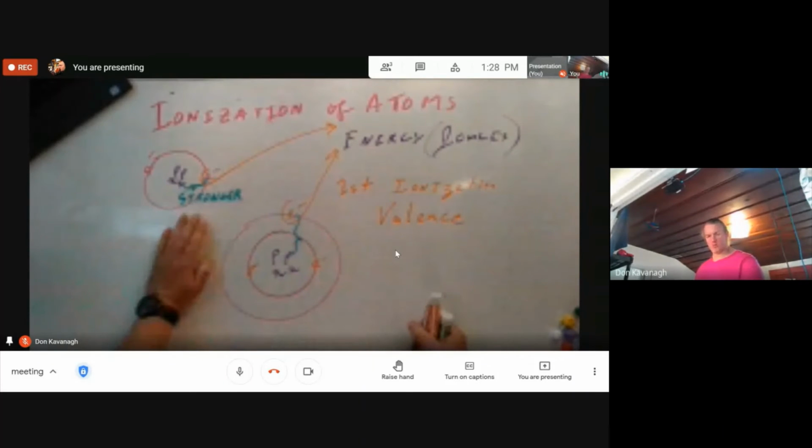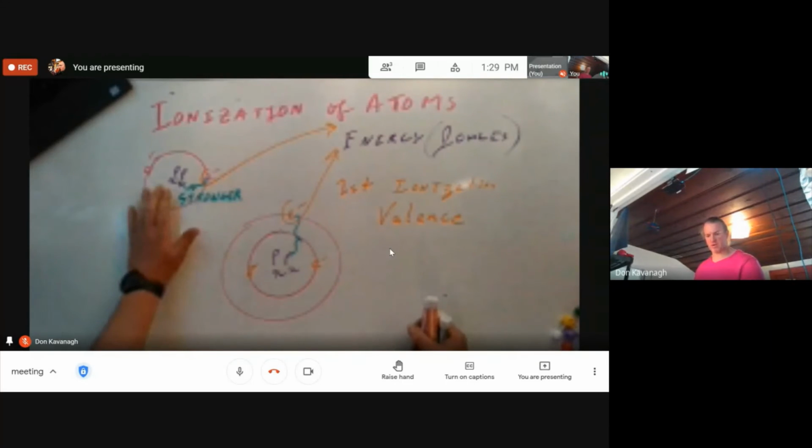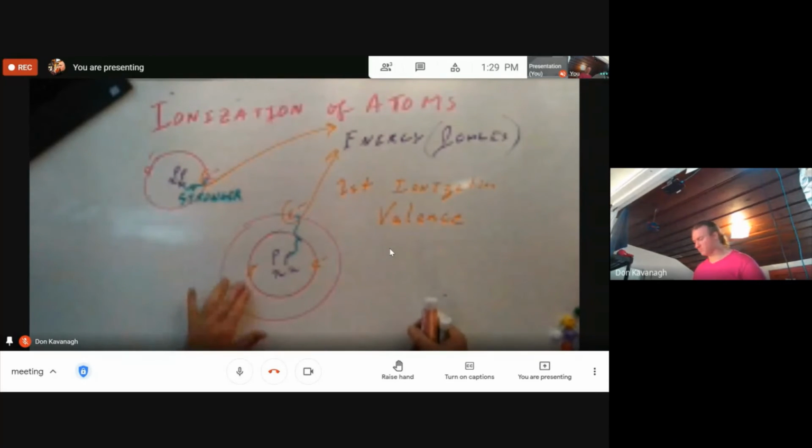One way to phrase this is the electron that is closer to the nucleus will take more energy. A similar way to phrase that is the smaller atom will have a higher ionization energy. In smaller atoms, the valence electrons are closer to the nucleus. You agree this is a smaller atom compared to this one.